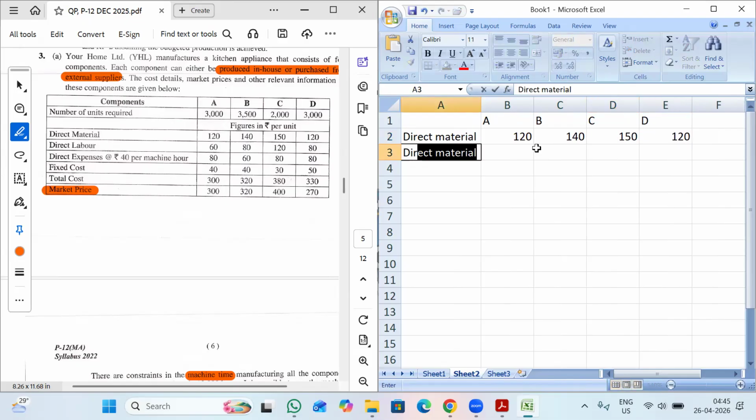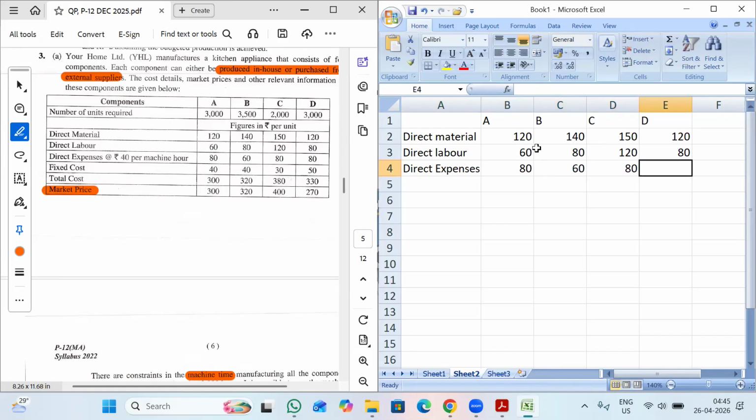Then direct labor, that is 60, 80, 120 and 80 again. Then we have direct expenses: 80, 60, 80 and again 80. So this is my total variable cost: 260, 280, 350 and 280.